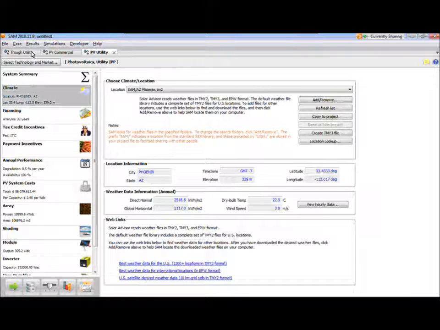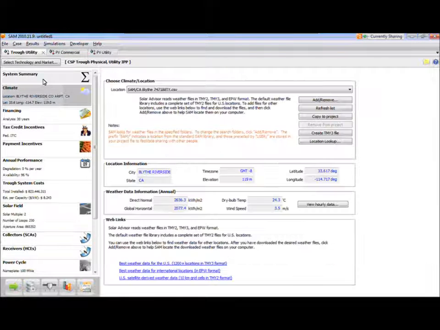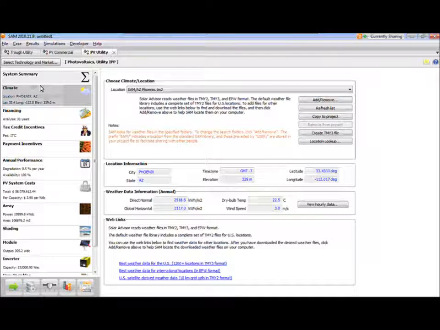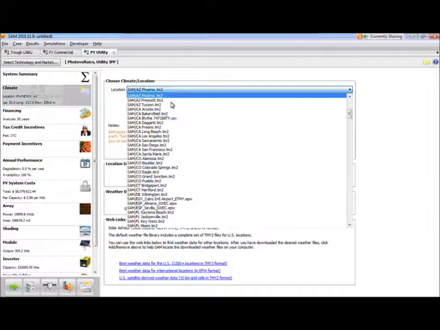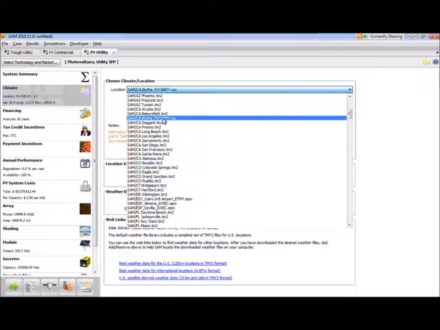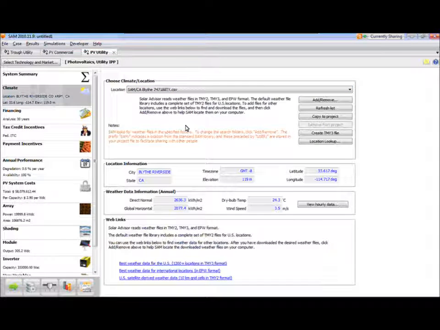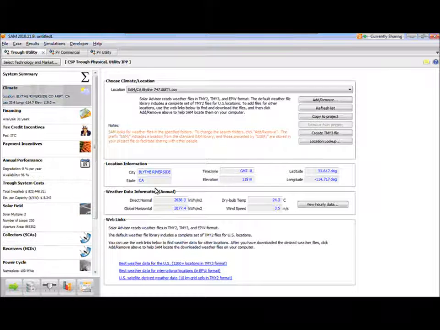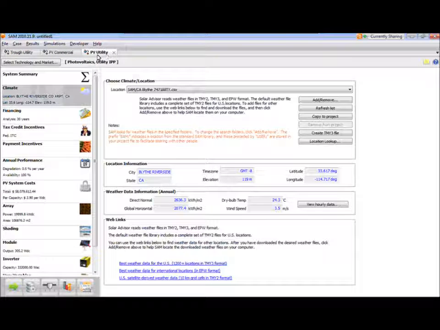So I want to model this system in Blythe. So I'll choose the same weather file. For the Trough case, it's CA Blythe with a bunch of numbers after it. So the PV case, CA Blythe with a bunch of numbers. So now I have the same weather file. I can just confirm that by making sure that the summaries of the weather data match up between the two cases, which they do.